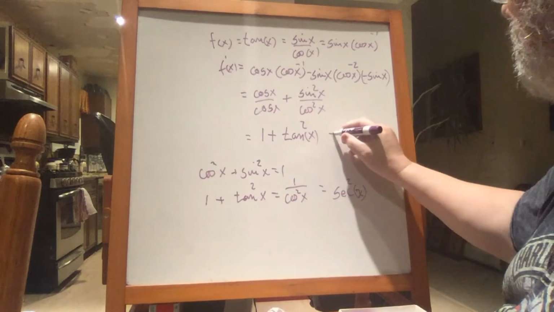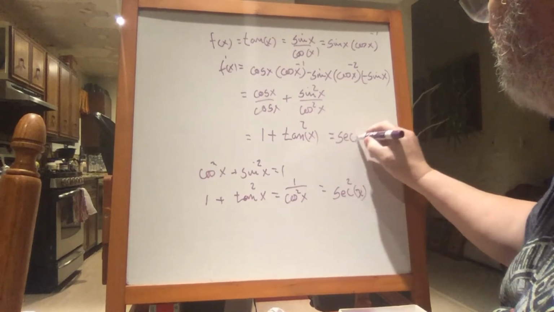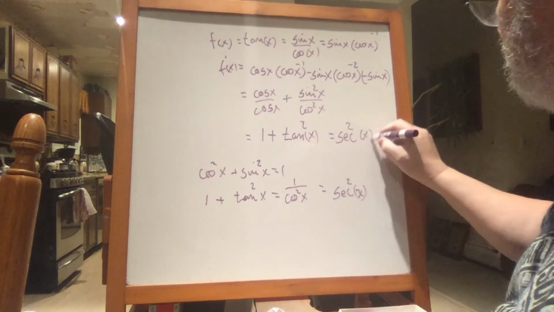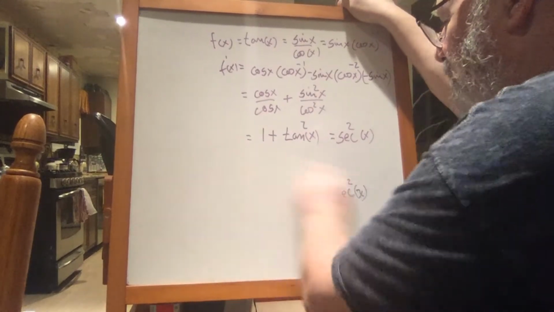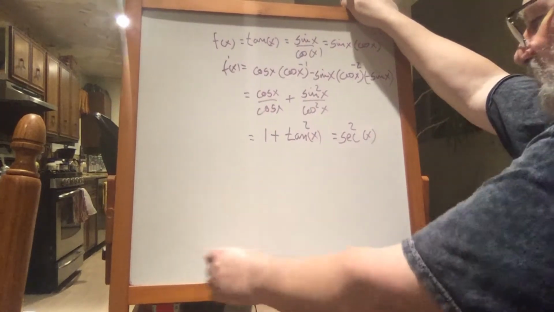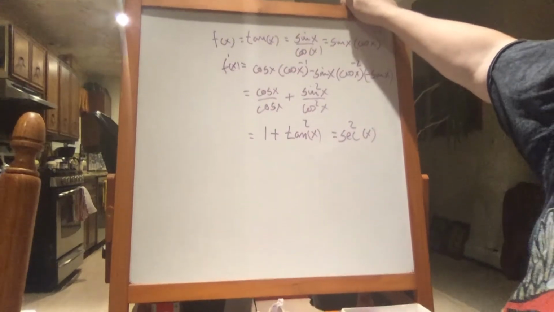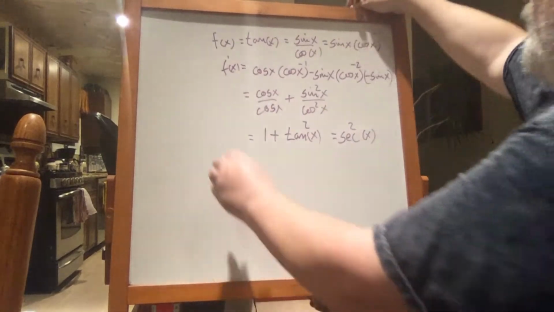So this is equal to secant squared of x. So that's the derivative of all of the trigonometric functions.